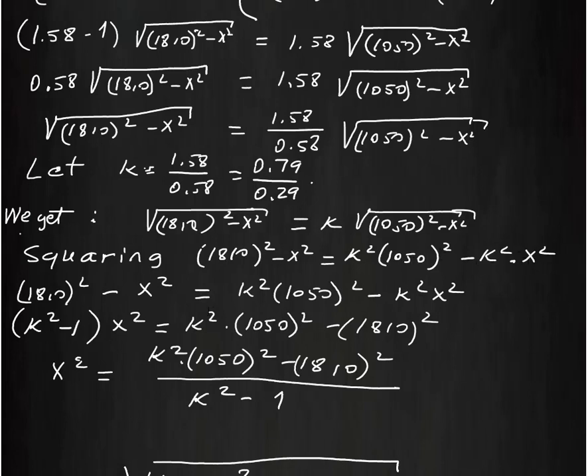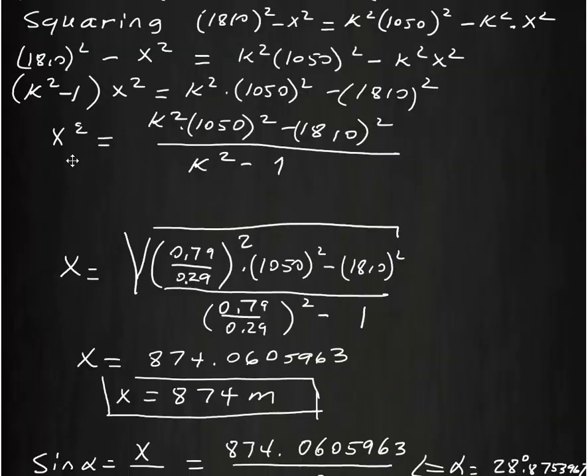By moving and shaping, we get 1810 squared minus x squared is equal to k squared times 1050 squared minus k squared x squared. Otherwise, k squared minus 1 times x squared is equal to k squared times 1050 squared minus 1810 squared. That means x squared is equal to k squared times 1050 squared minus 1810 squared over k squared minus 1.